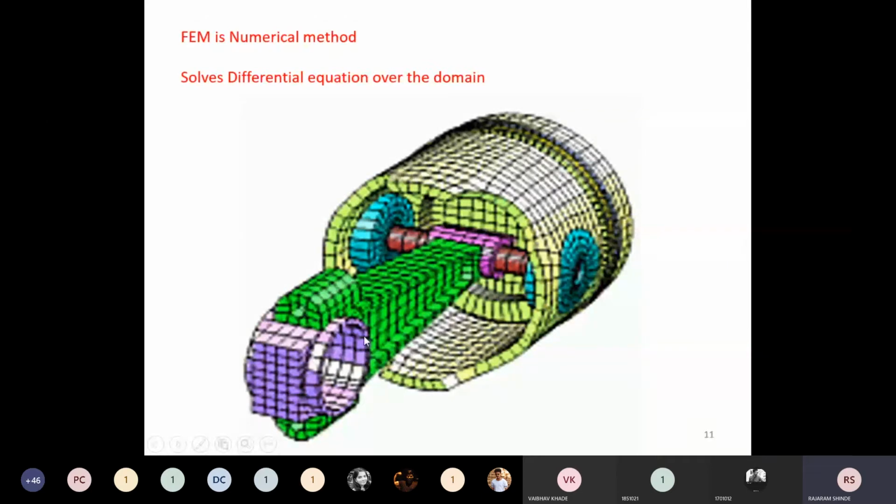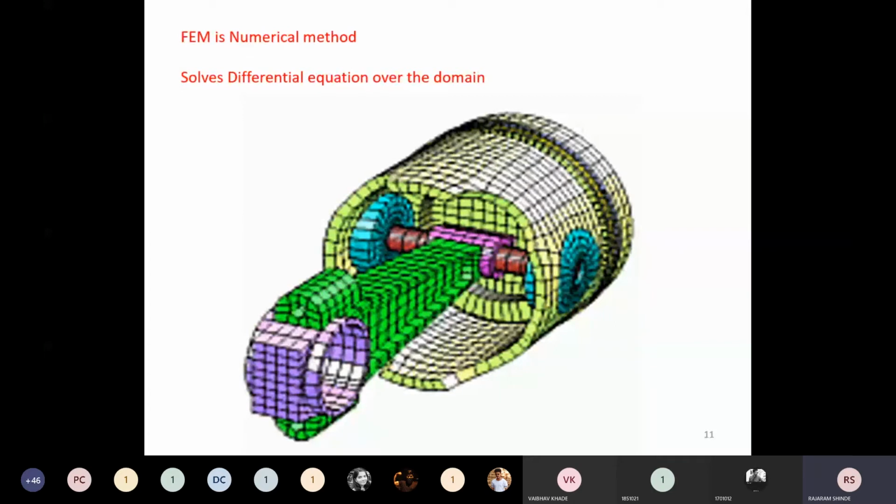When we solve that differential equation for this assembly, we get the complete idea of how the system is going to behave after the application of the load. It may be a thermal load, a structural load, or any other type of load.